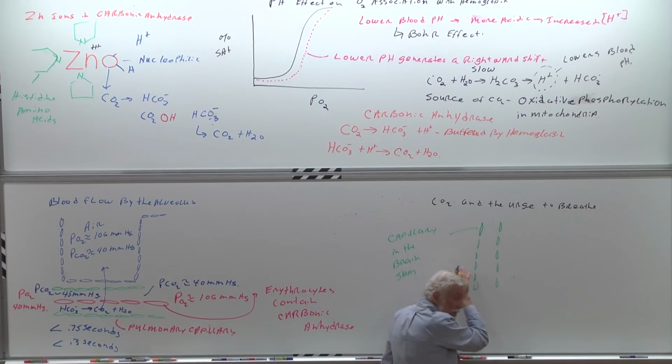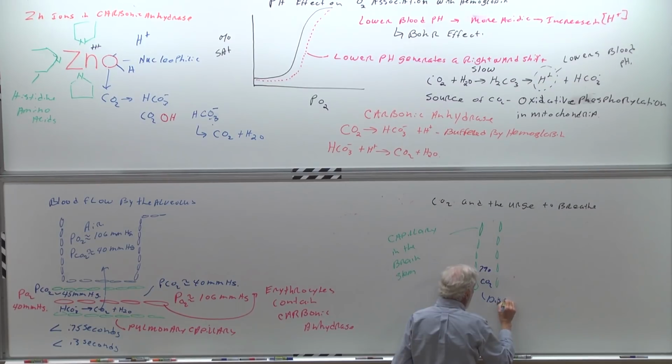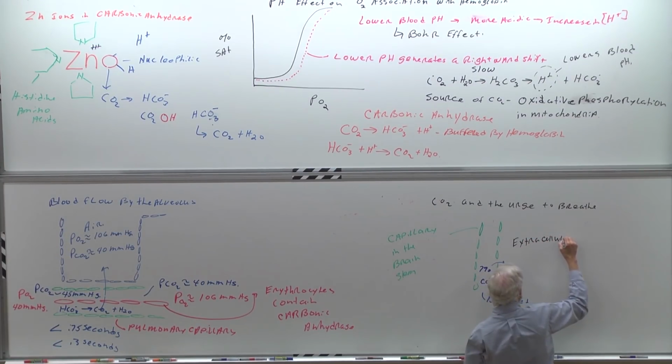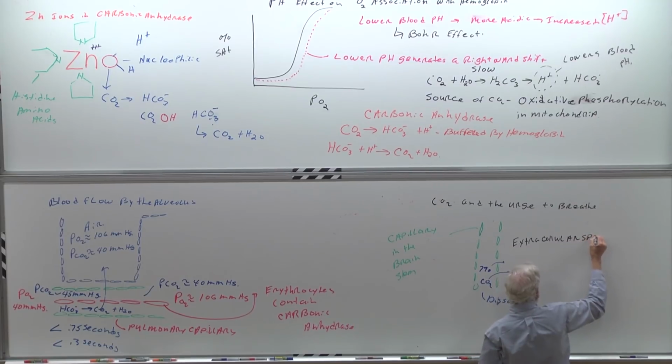Now you remember that in the plasma, we have about 7% of the carbon dioxide as dissolved. And the carbon dioxide dissolved will come across the blood-brain barrier and out here into the extracellular space of the brainstem.